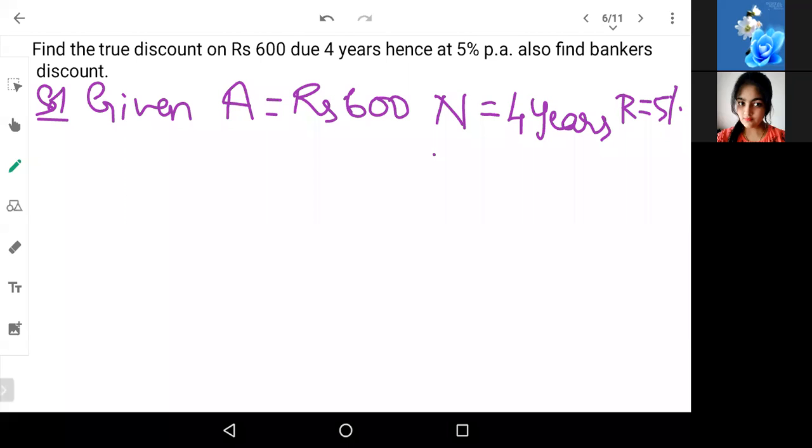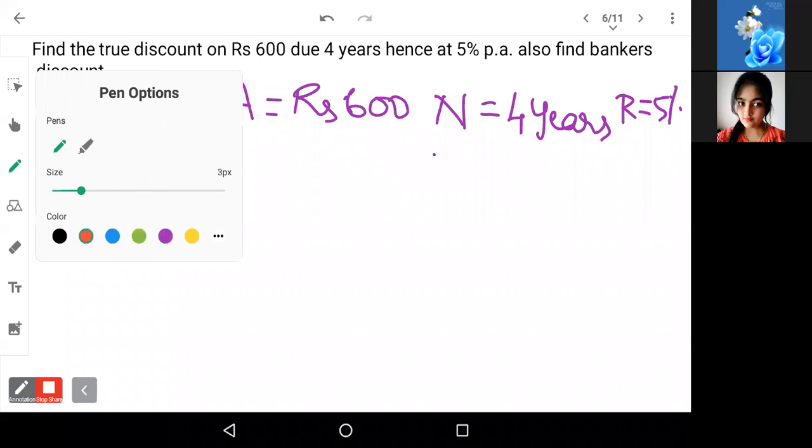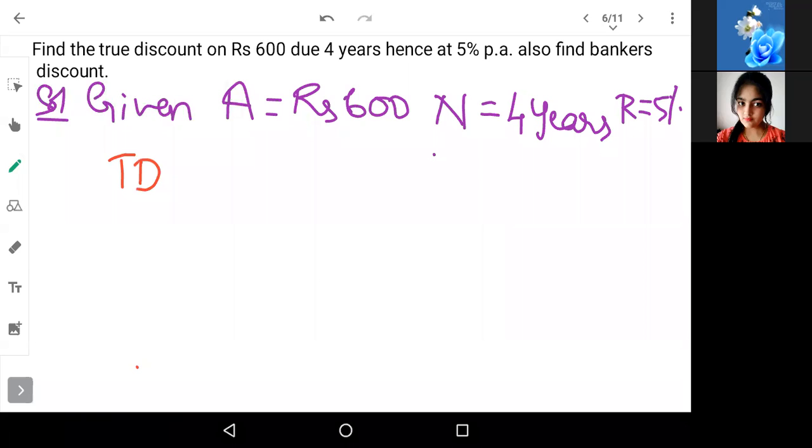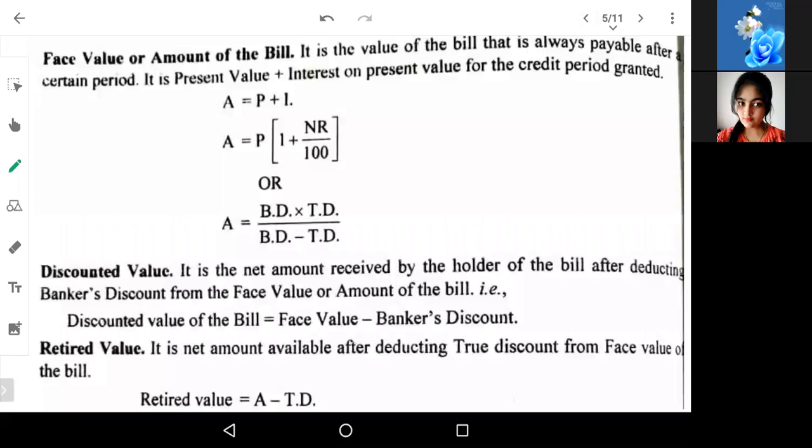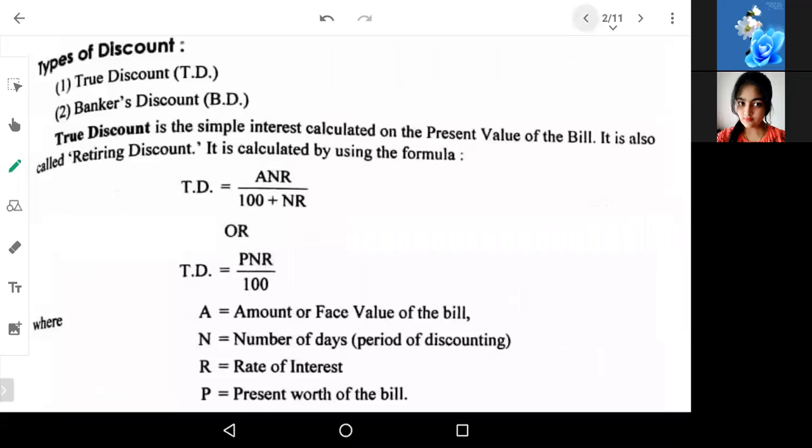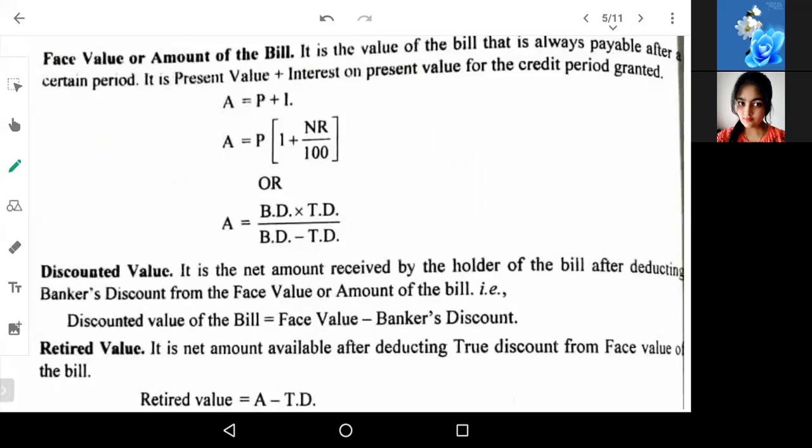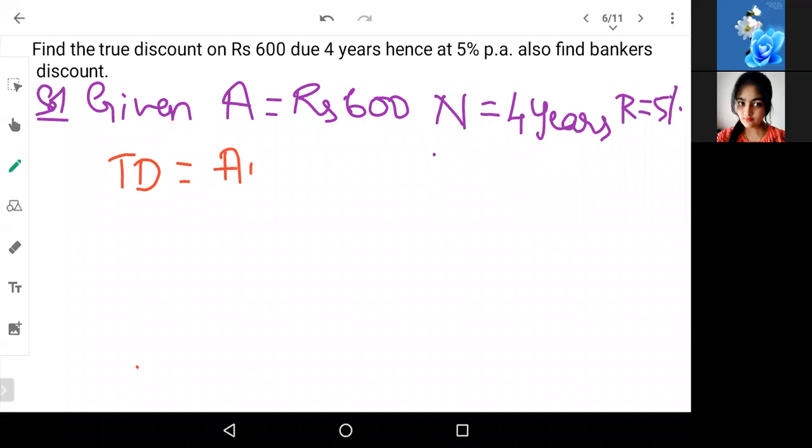Now let us write the true discount formula. So true discount is equal to, now if you go back to the first type of discount, you can either use ANR by 100 plus NR or you can use PNR by 100. Now since the amount is given to us or the face value of the bill is given to us, correct, right answer. So we will be considering the first formula, ANR divided by 100 plus NR.